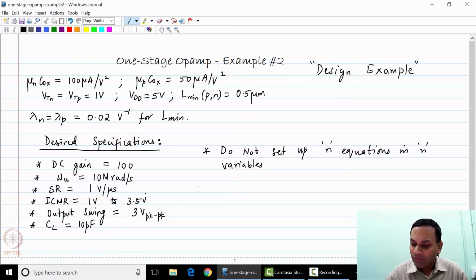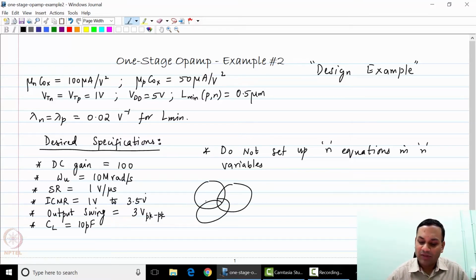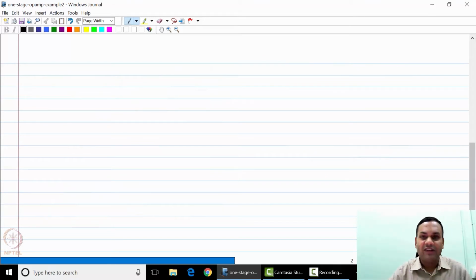That is not the way to go around, because you have several parameters such as gain, omega u, slew rate, etc. And it turns out that there may actually be no one unique solution, so we need to be a little bit careful. And finally, please note that in this particular case, there are other specifications that I have not given, such as noise, offset, or power consumption. So let us try to approach this in a different manner.